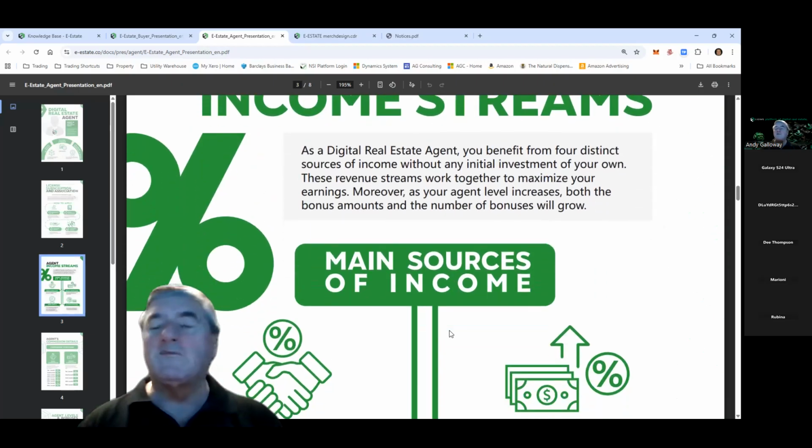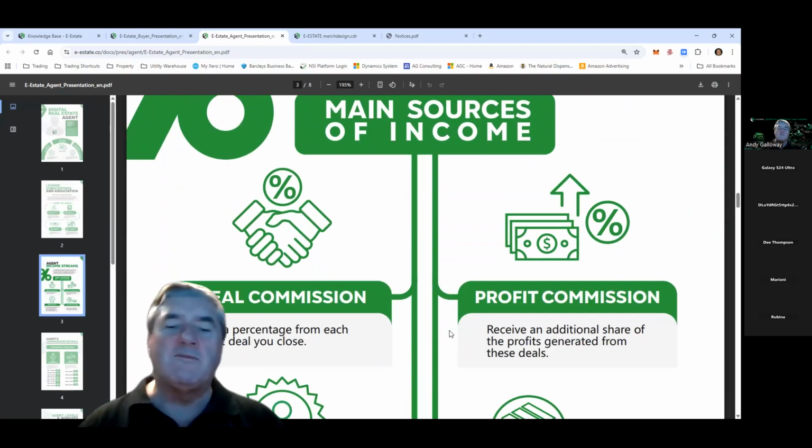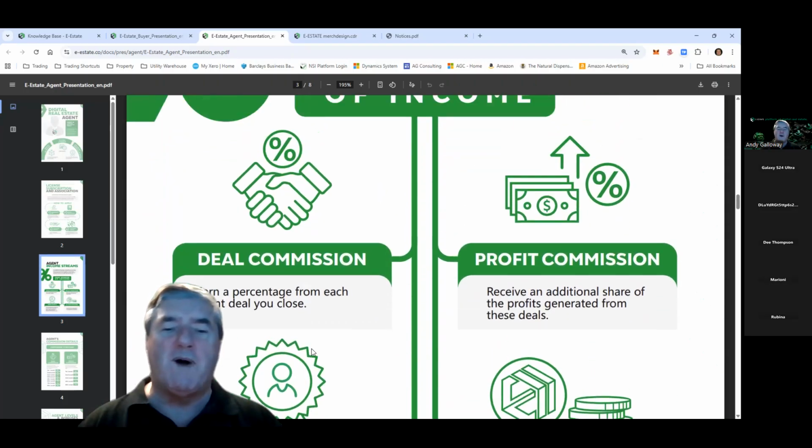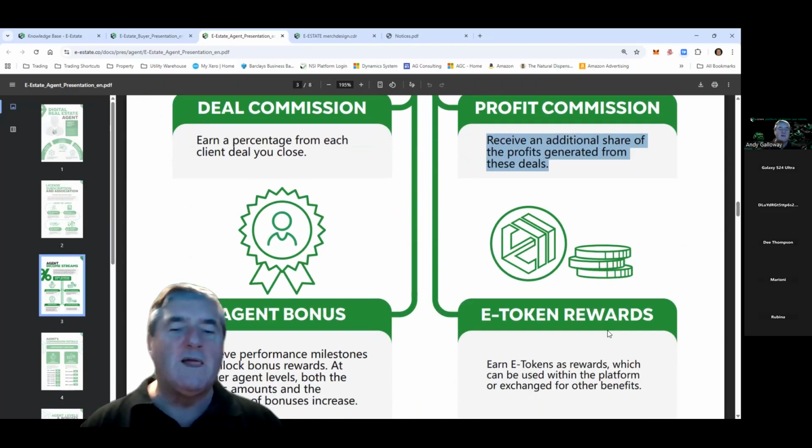So what income streams do you get as an agent? Well, the main sources of income are deal commissions. If one of your buyers buys a property, you earn a percentage from each client. As your clients are earning their profits, you receive a commission based on how much profit they're receiving, not from them, it's from eEstate.